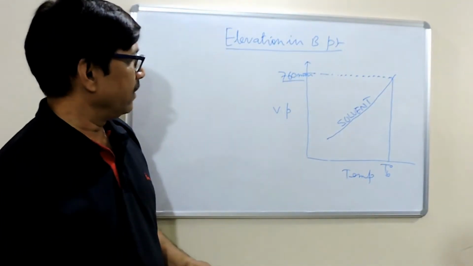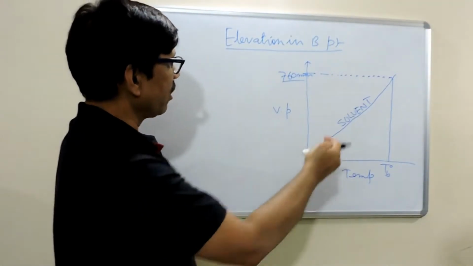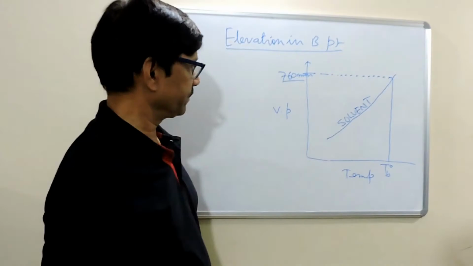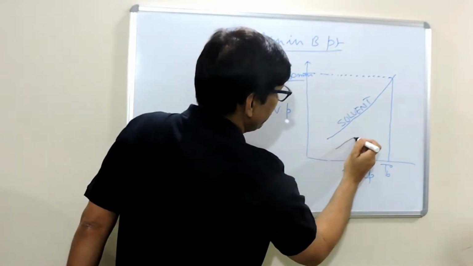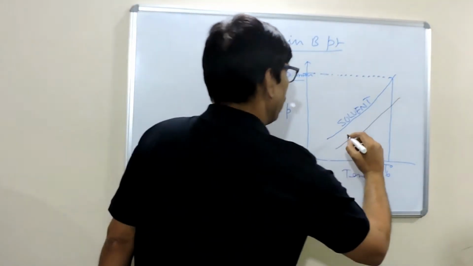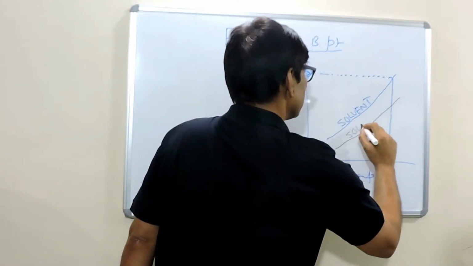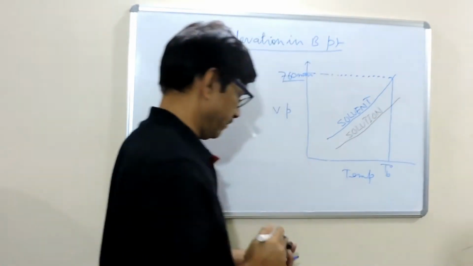Now suppose we add some amount of non-volatile solute to it. We have seen the vapor pressure curve of the solution will be below it. It will be like this. This is for solution.